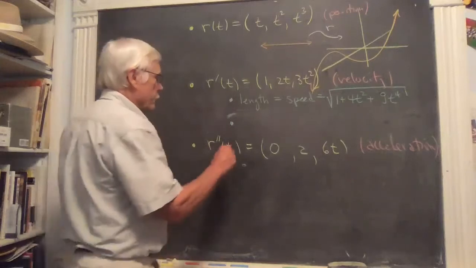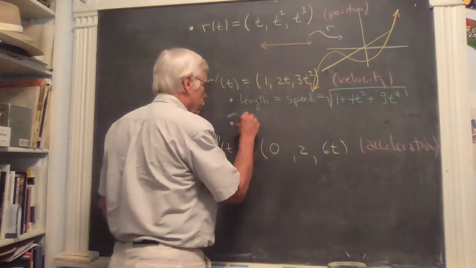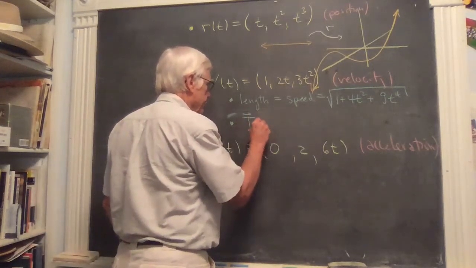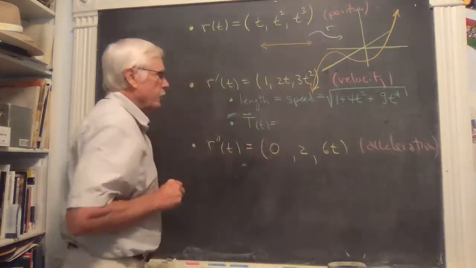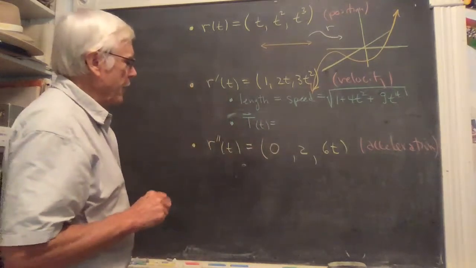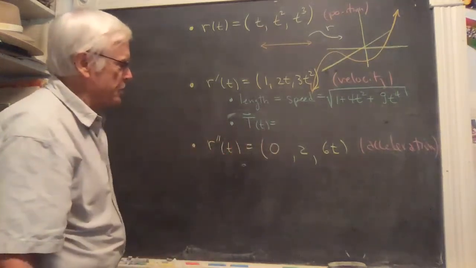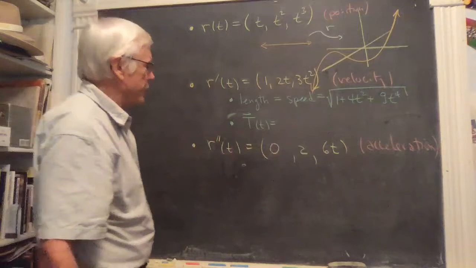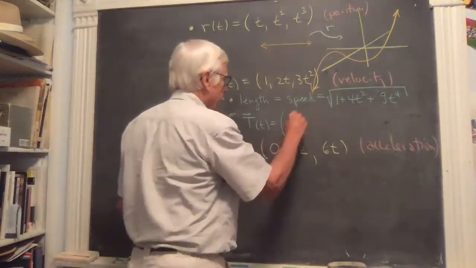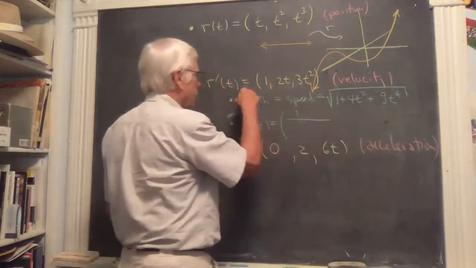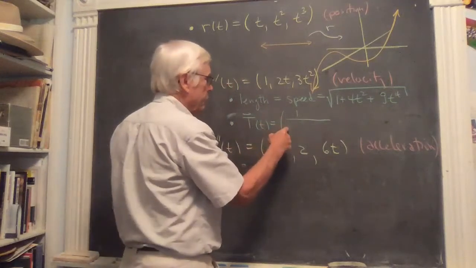And then the direction. And the direction for us will be a unit vector T. And this again will be a function of time. So we can compute the unit tangent vector at any given time. And this will be the velocity divided by the speed.